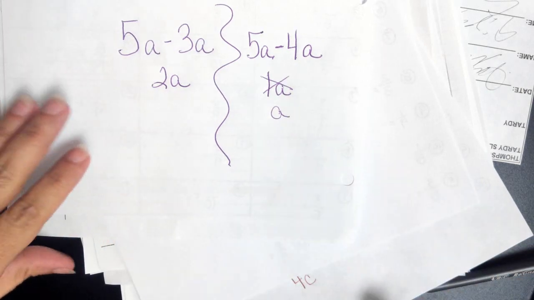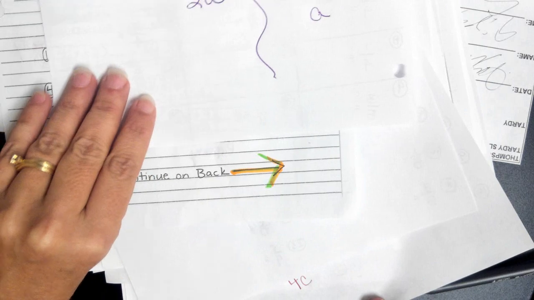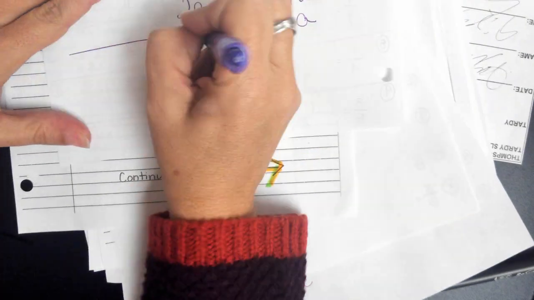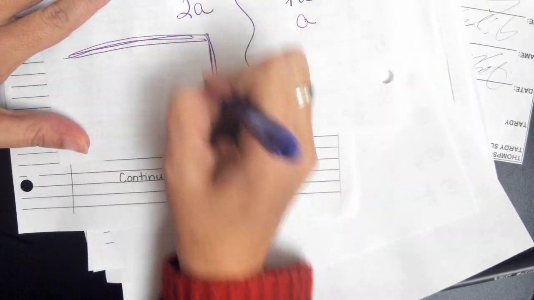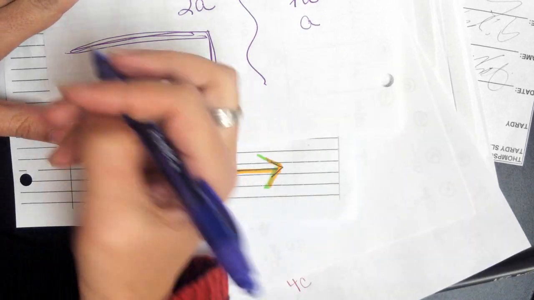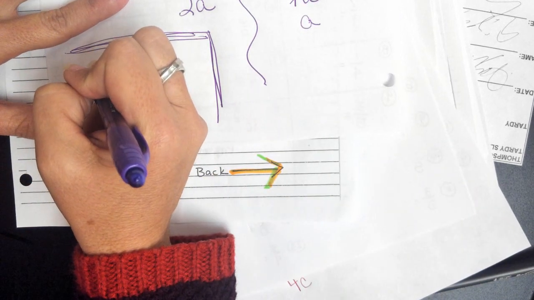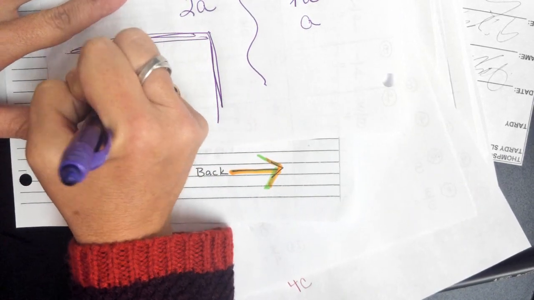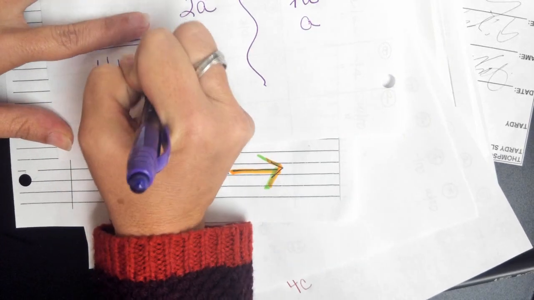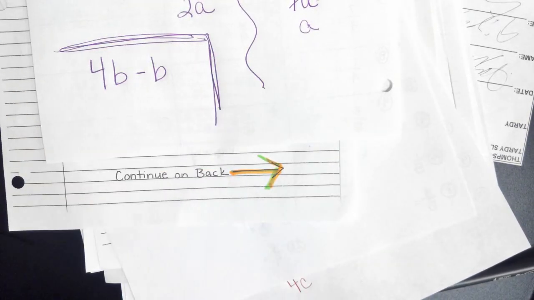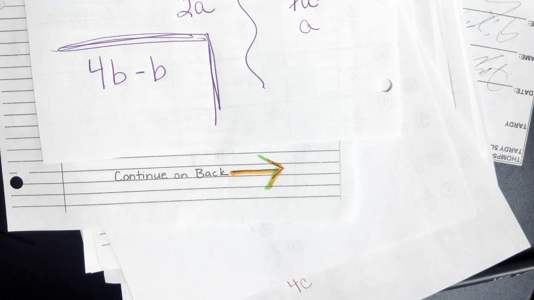This is what I do. When I see a math problem that looks like this, let's say it's 4b minus b. When I read it, my brain is putting a 1 in there.